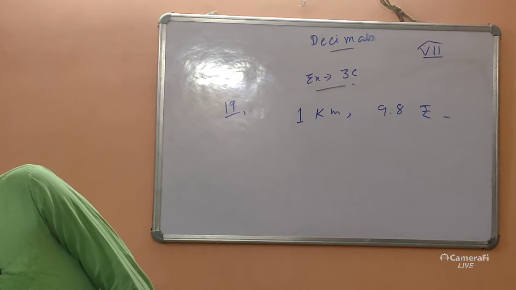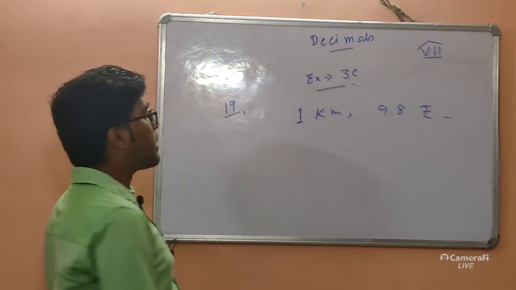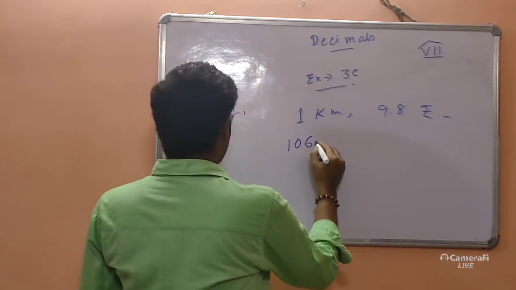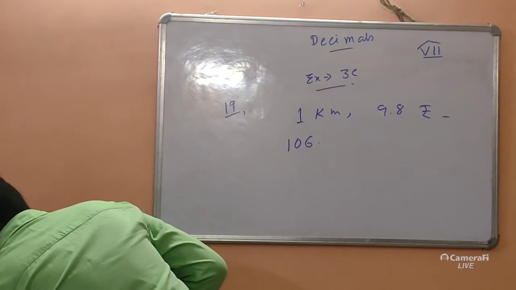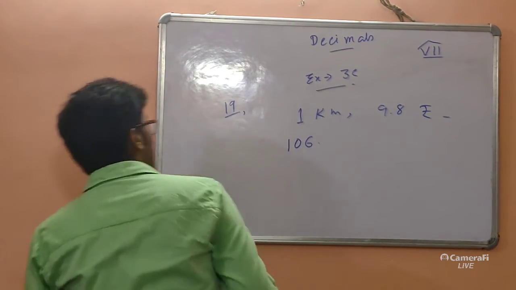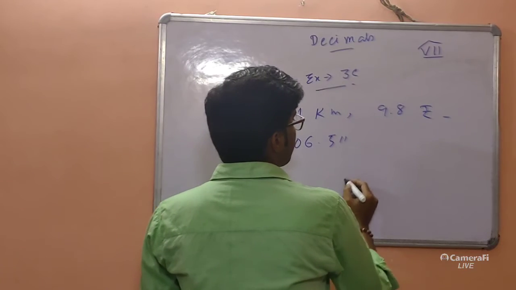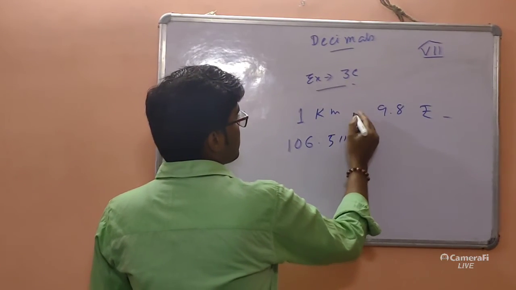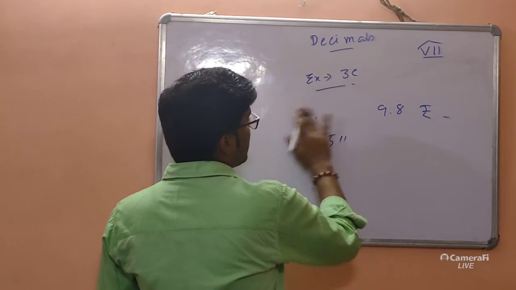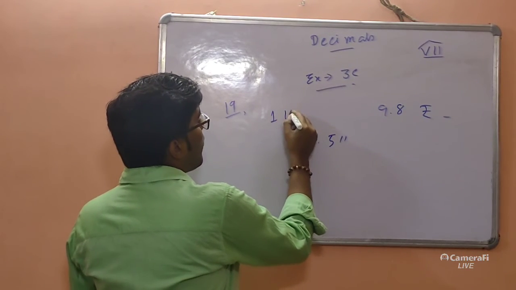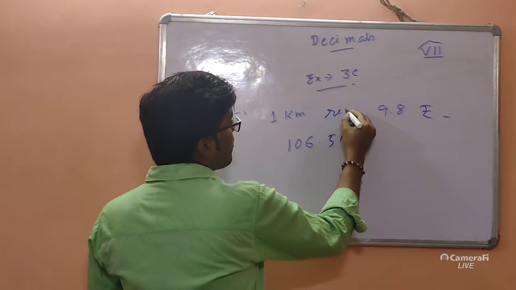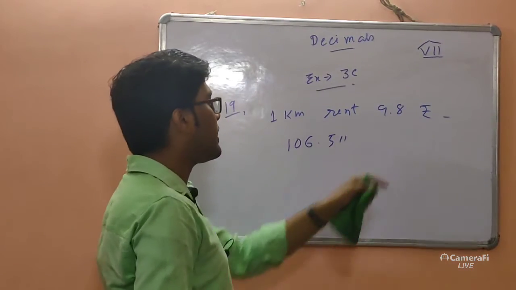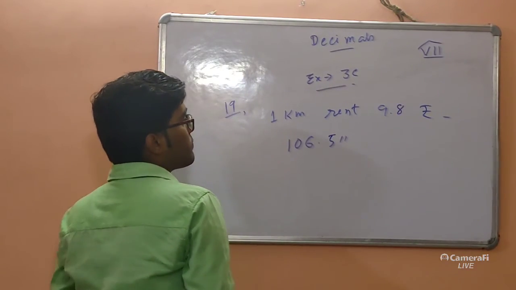How much will he charge for a journey of 106.5 kilometers? For 1 kilometer, you write it like this: rent you can write 9.8, right?